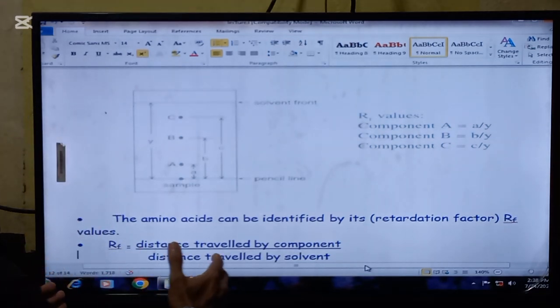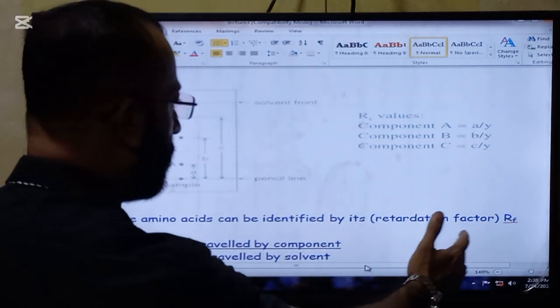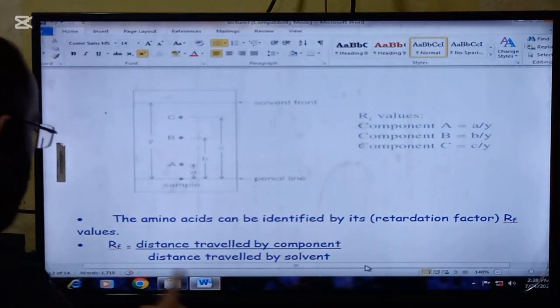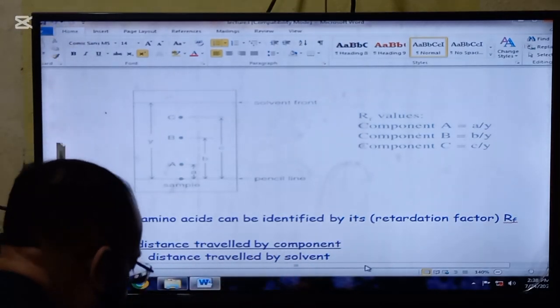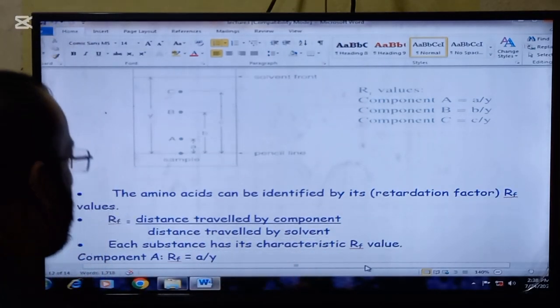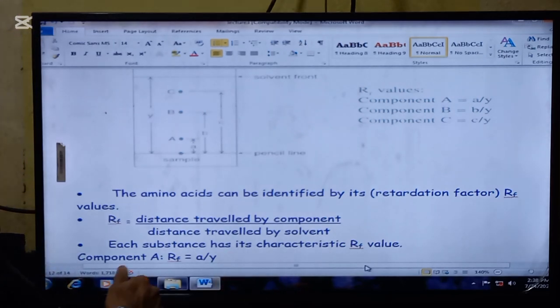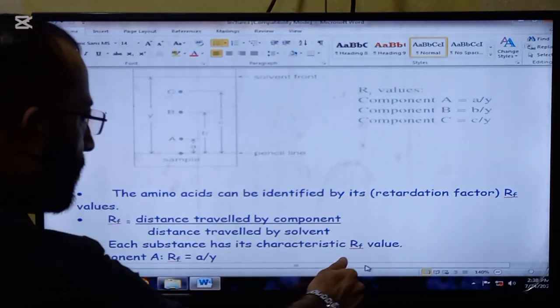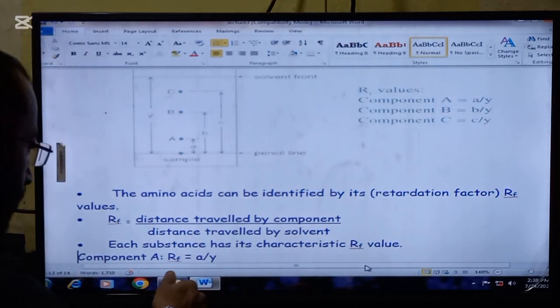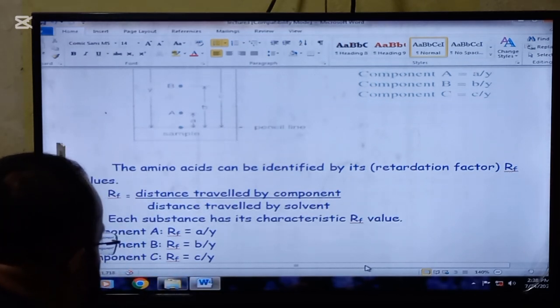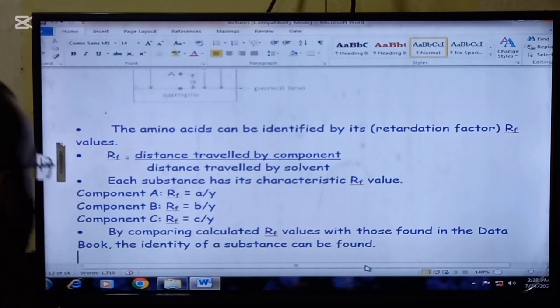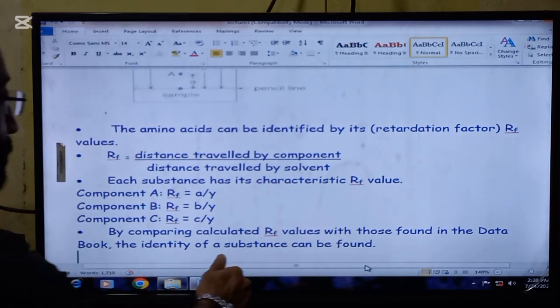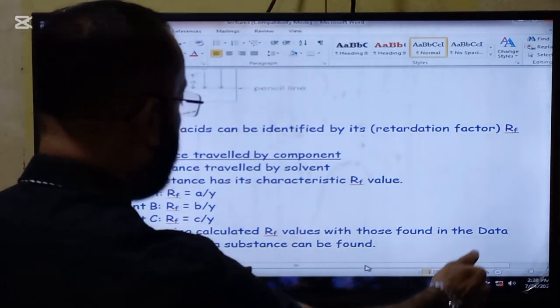The amino acids can be identified by their retardation factor RF values. RF is equal to the distance traveled by the component over the distance traveled by the solvent. So each substance has its characteristic RF value. Component A's RF is A over Y, of B is B over Y, and of C is C over Y. So by comparing calculated RF values with those found in the data book.